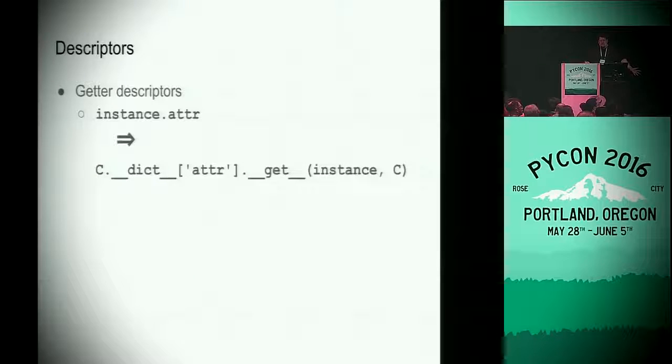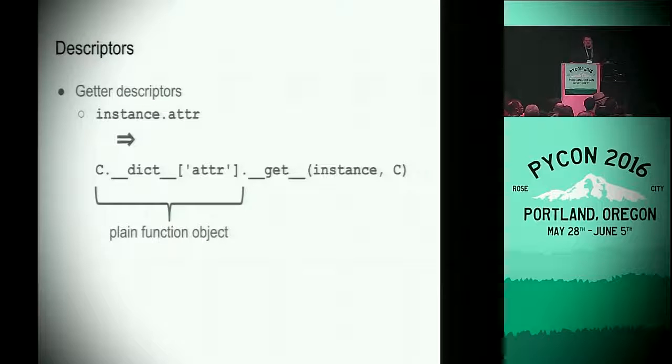So let's say that we have an instance and we're looking up an attribute that was a method that we defined in the class. Like we said, we defined it as a completely normal function. So when we look in the class dict, that's what's there. It knows nothing about self. It knows nothing about the class. It's just a function like any other function defined anywhere else. What Python will then do, if it finds that on the class, not on the instance, is invoke the descriptor protocol.